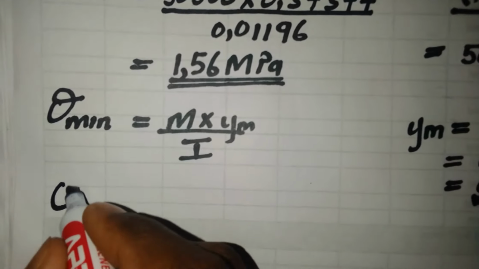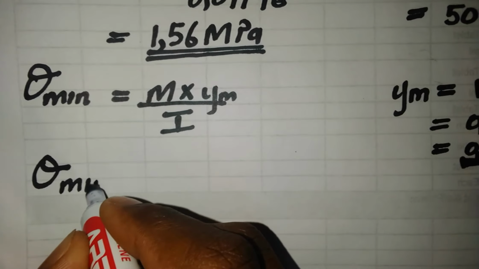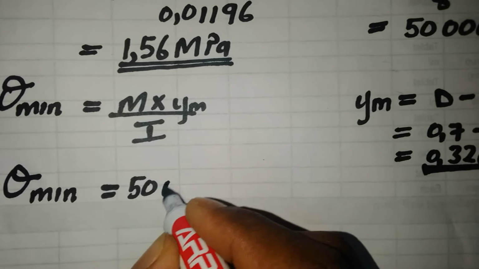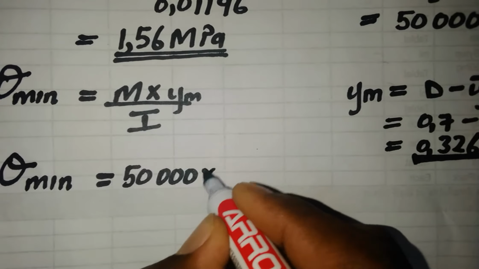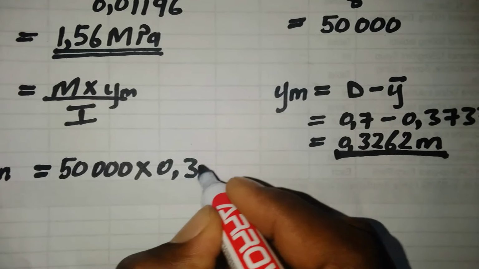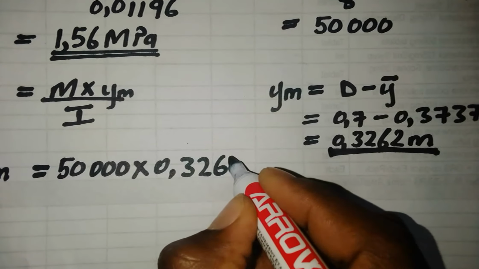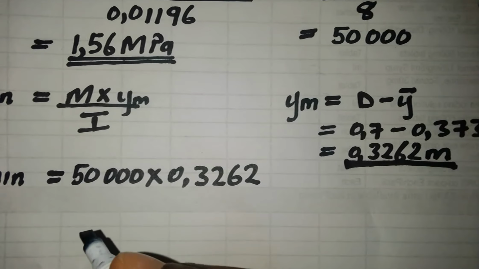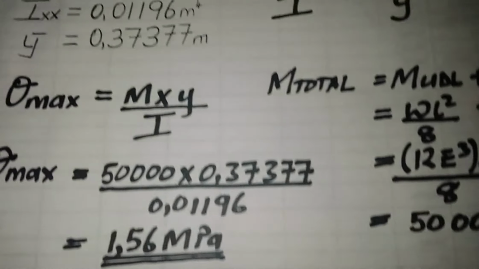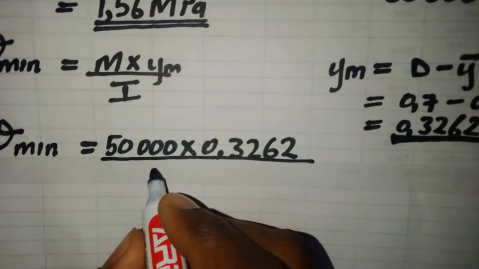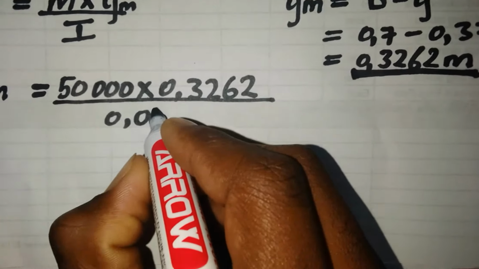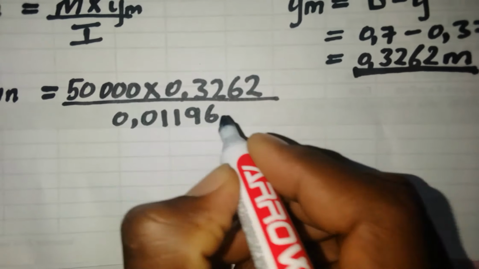So theta min will be equal to M, which is 50,000, and Y, that is the Y that will go there, is 0.3262, and we're going to divide the rest by I, that is the Ixx. Ixx is 0.01196.